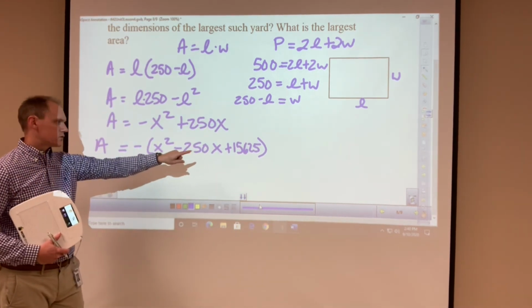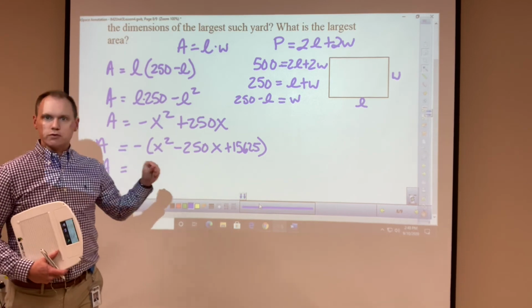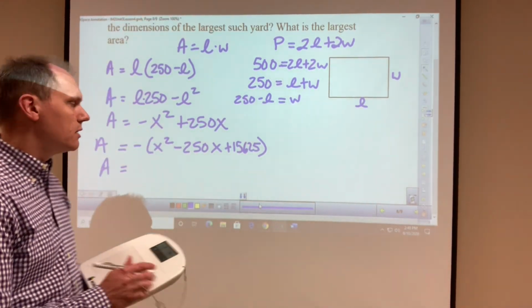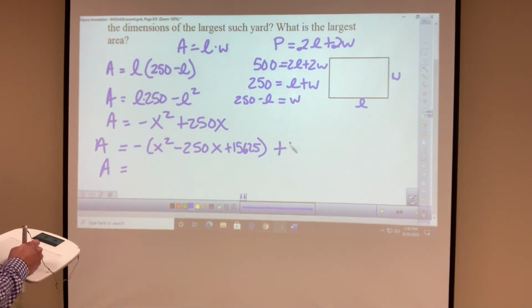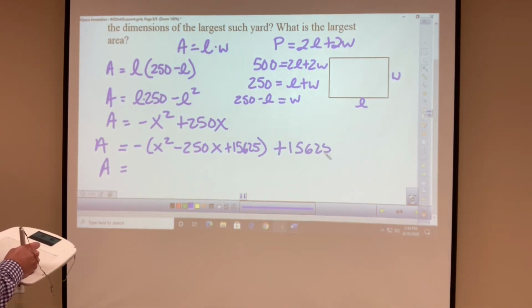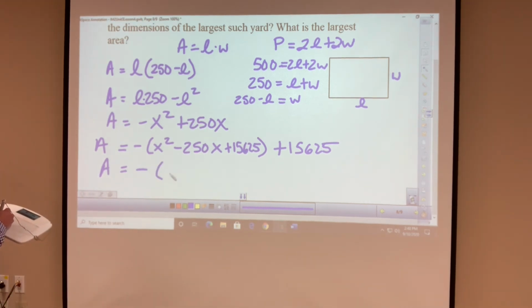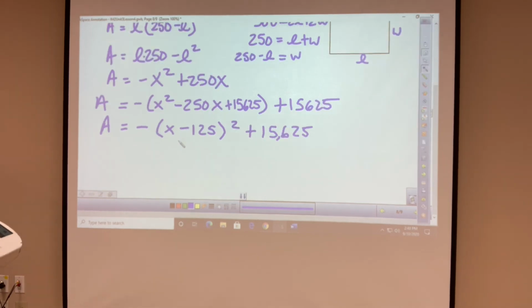It's 15,625 times a negative 1. So really, we're subtracting this amount from our function. So as a result, on the outside, we're going to add 15,625. All right, from there, we can factor. So it's going to be minus X minus 125 squared plus 15,625.